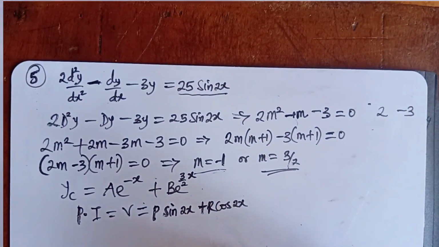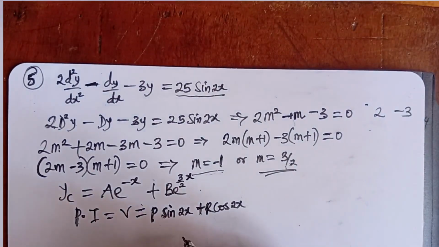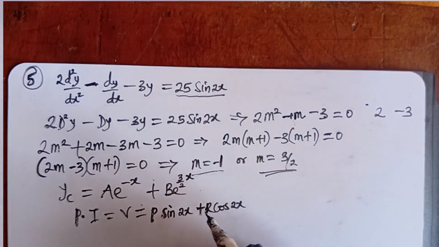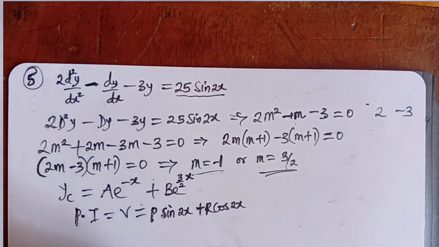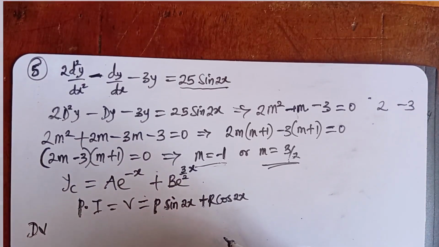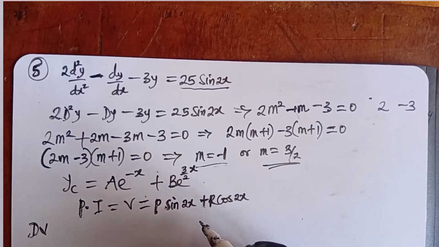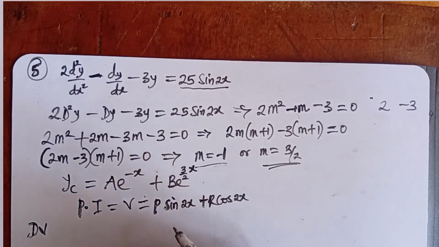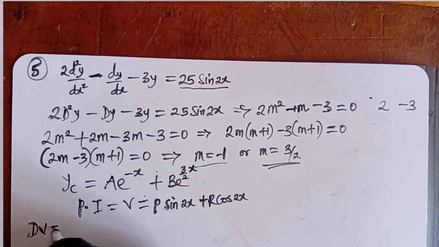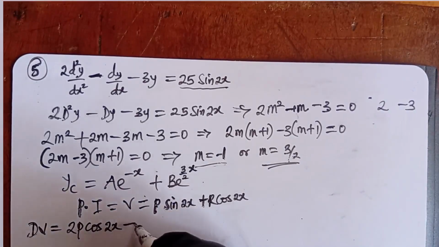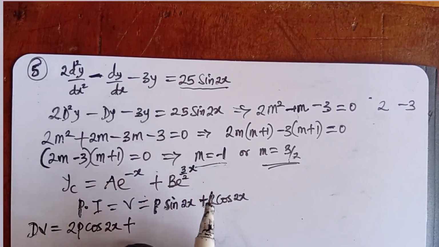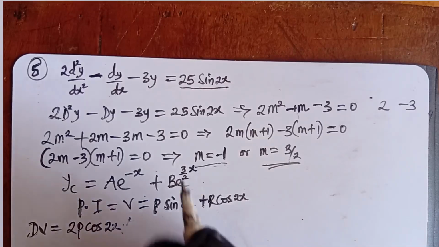So let's proceed. It will be very wise for us to first of all differentiate this before we proceed into the operator D format. If I differentiate, let's say dv, what will I get? Differentiate sine to get cosine, right? But because of this 2 there, the 2 multiplies the p outside, 2p cosine 2x, plus differentiate cos to get minus sine.